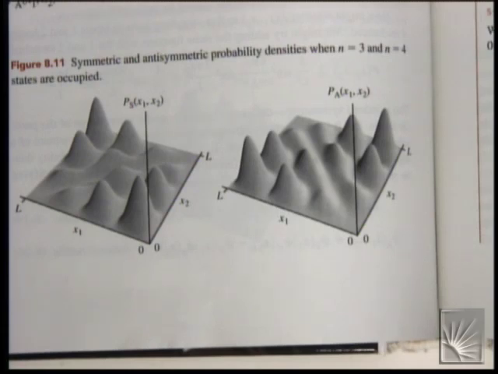It's just the independent probability for each of them to have an x value, okay? So either they like to be in the same state, or they like to be in a different state. That's qualitatively important. This is not mathematically hard, but it is qualitatively important because it underlies much of chemistry, and it's very fundamental in quantum mechanics.